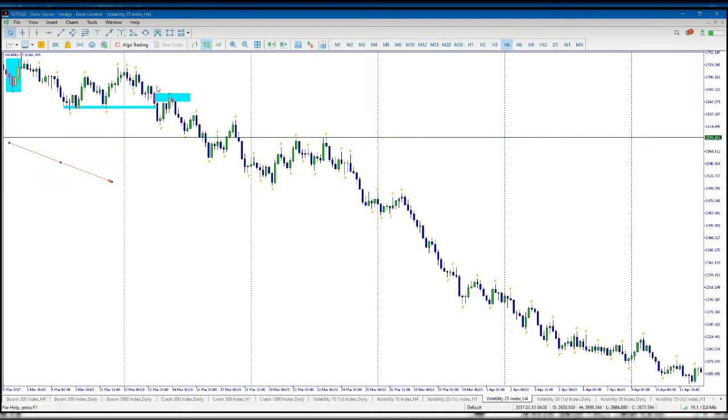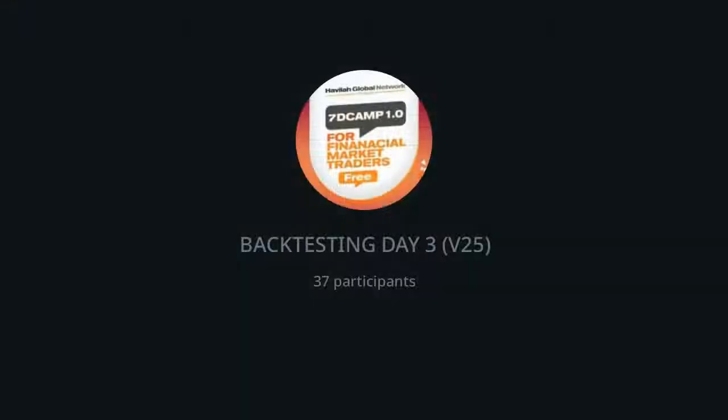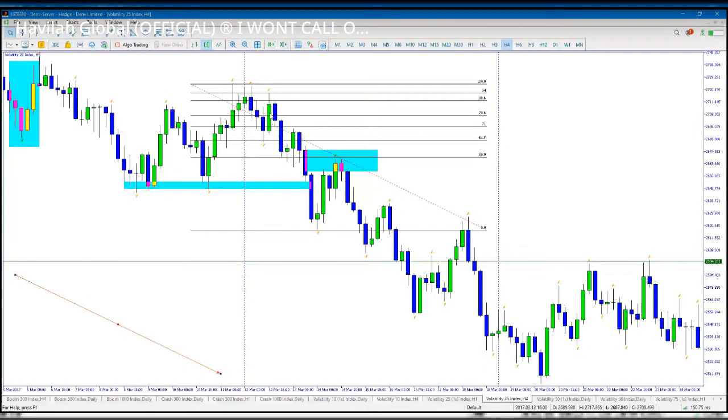Well, the first thing I would like to establish: this move didn't even touch the 50%, but at least price went down. So why did price tank down from here? Why not this other block? Why here?